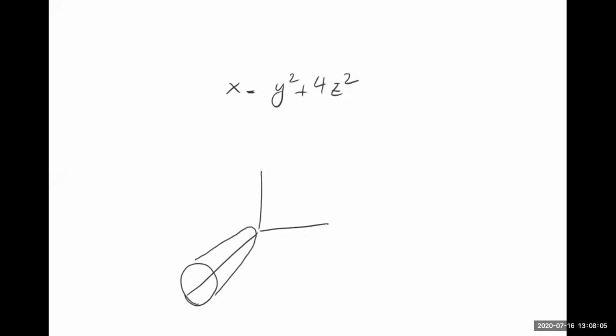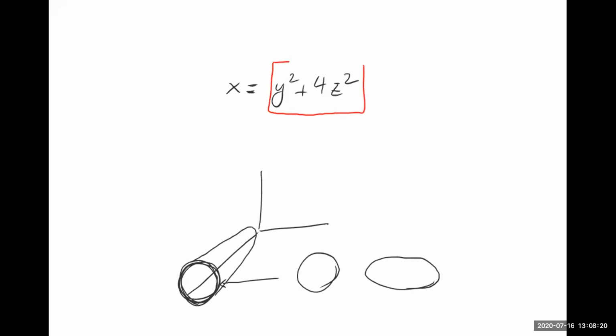But this thing in direction of x, you can look at this cross section. Is it a circle or an ellipse? If you want to find out what that is, you should look at this part.